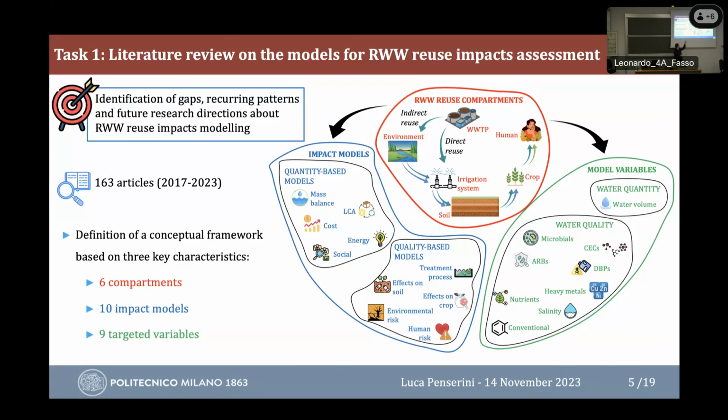The compartments: we identified 6 compartments, which are the matrices where the wastewater use is implied. The impact models: we identified 10 types of impact models, each related to one specific type of impacts. And 9 targeted variables. The variables, we can also call them the contaminants, let's say, so what the models are evaluating.